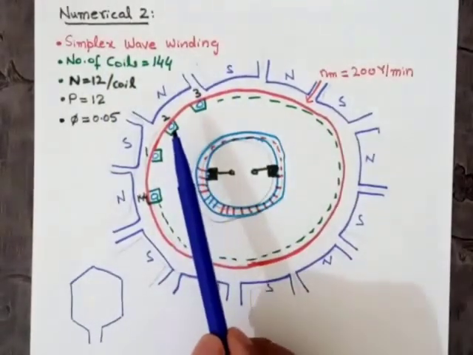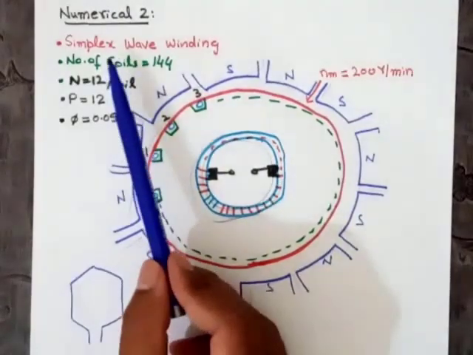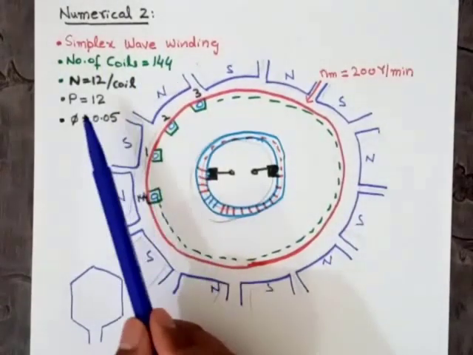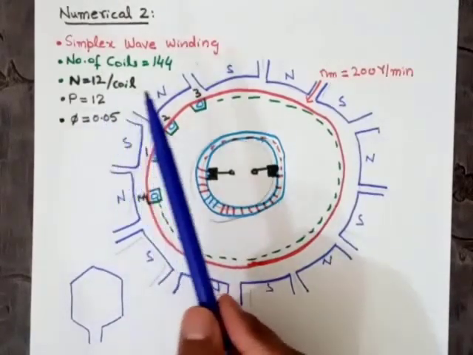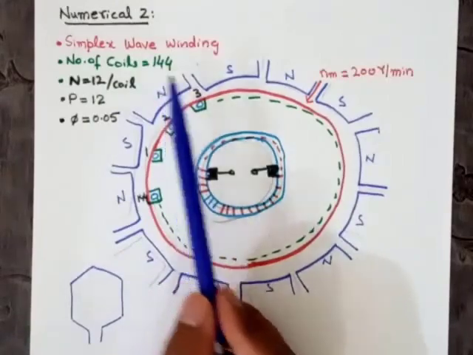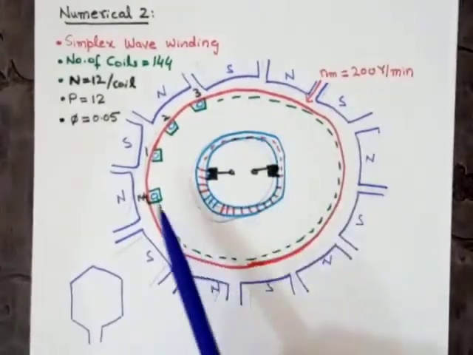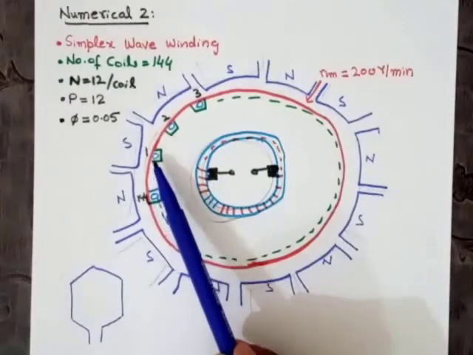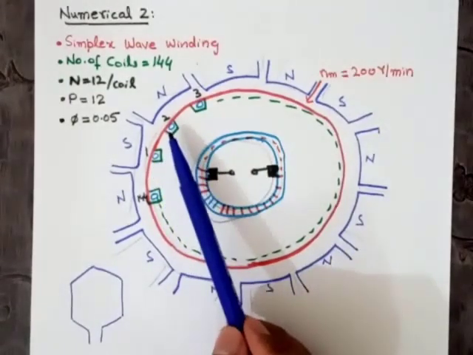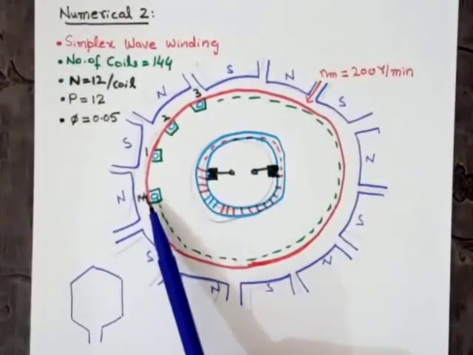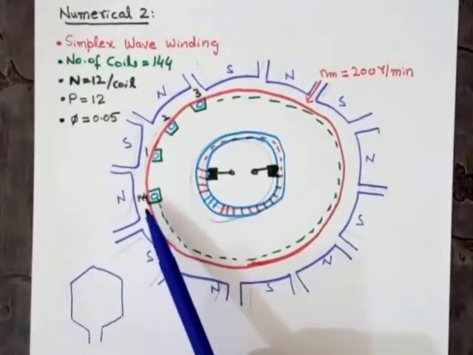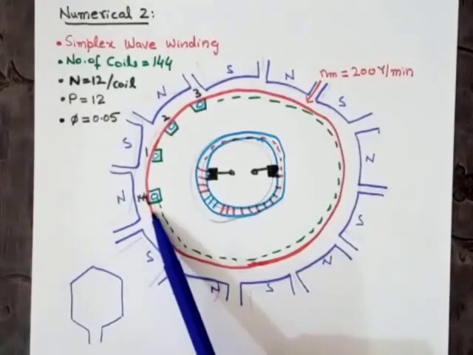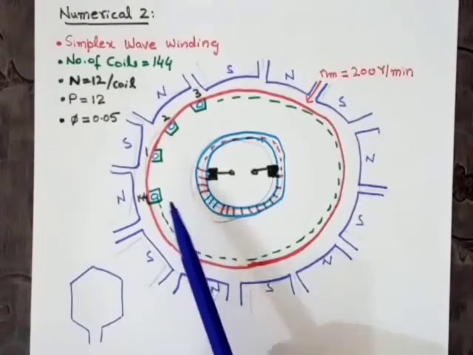Now in this particular problem, the type of winding is given simplex wave winding and the total number of poles are 12 and the total number of coils are 144. Now the total number of coils or number of loops are 144. This is the loop number 1, this is the loop number 2 and so on, and this is the loop number 144. Each loop consists of 10 turns.